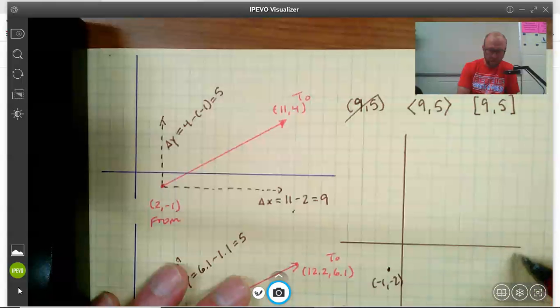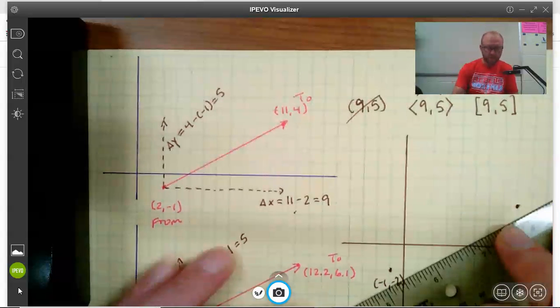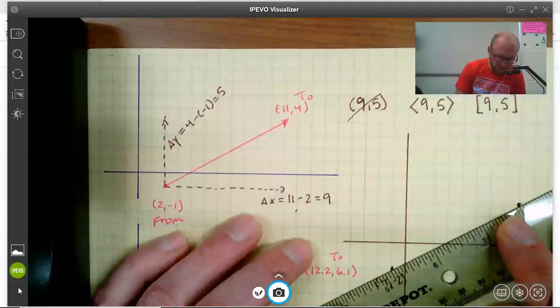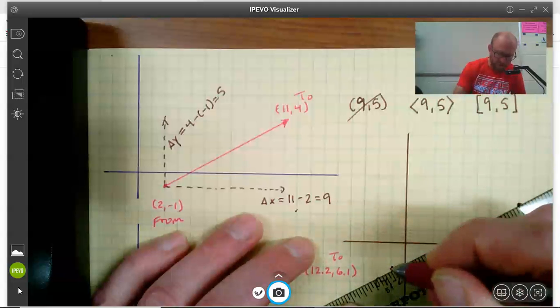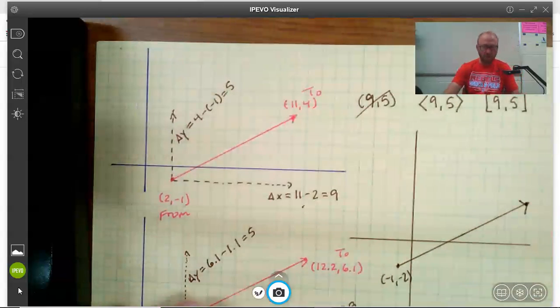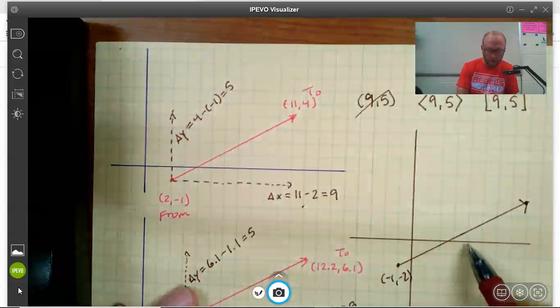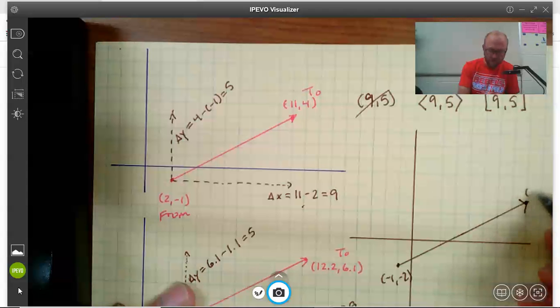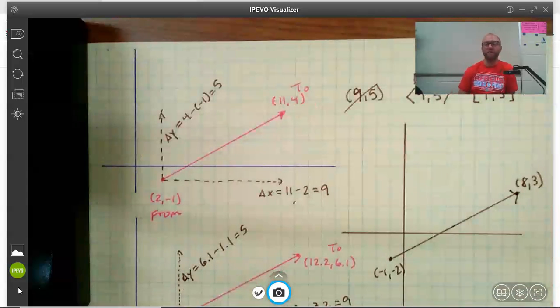And then I go up 1, 2, 3, 4, 5. And here's my representation of that vector. Okay. And see, this coordinate is (8, 3). So I've just created a new representation of that vector.